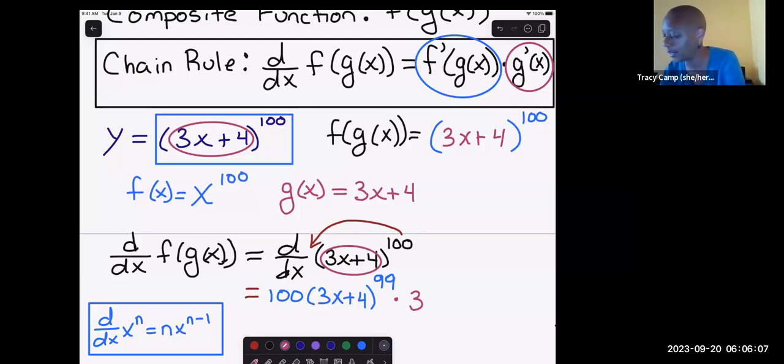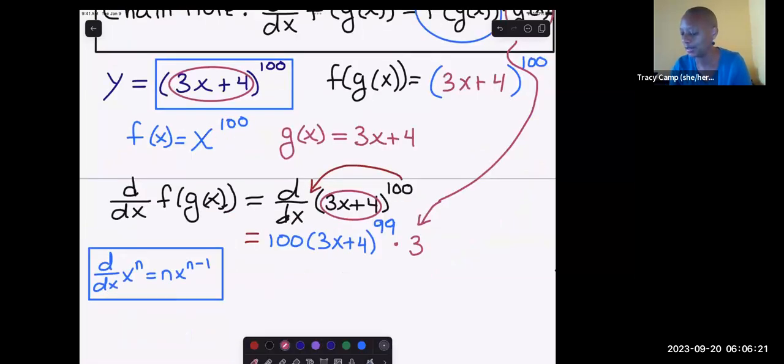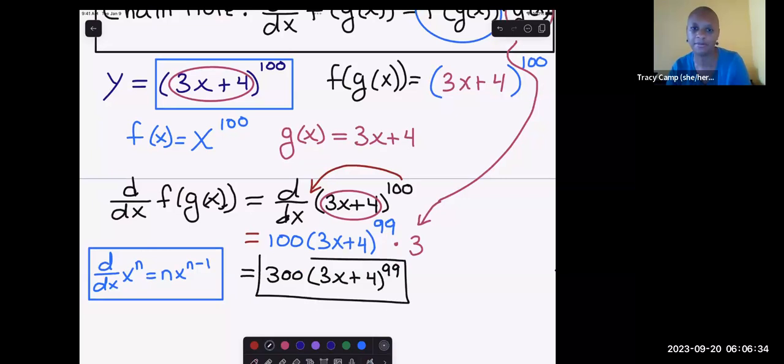So this right here, this is that g prime of x part of the chain rule. And then just simplifying, notice that here we end up with 3 times 100, which is 300, and then times 3x plus 4 raised to the power of 99. And this is our actual derivative.